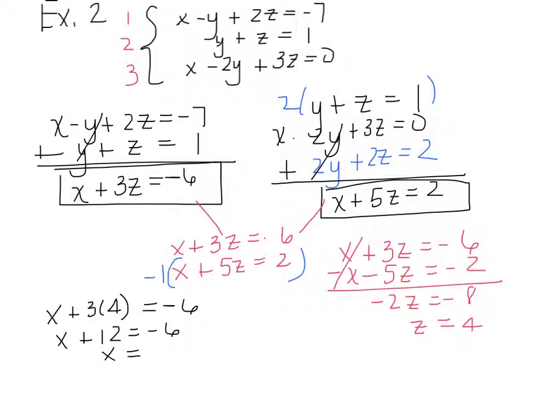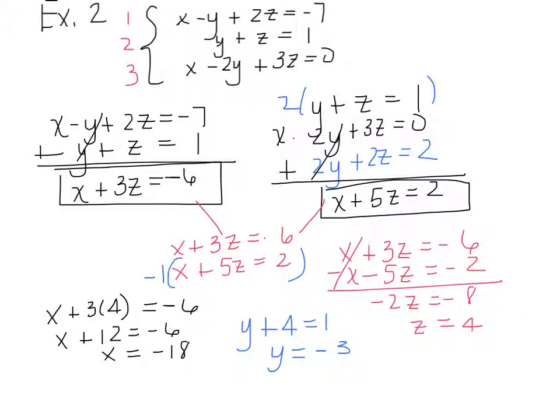So x will equal negative 18. And then, once you get x and z, you can actually plug it back into either of those equations. I'm going to use equation 2. Because that's y plus z equals 1. So y equals negative 3.